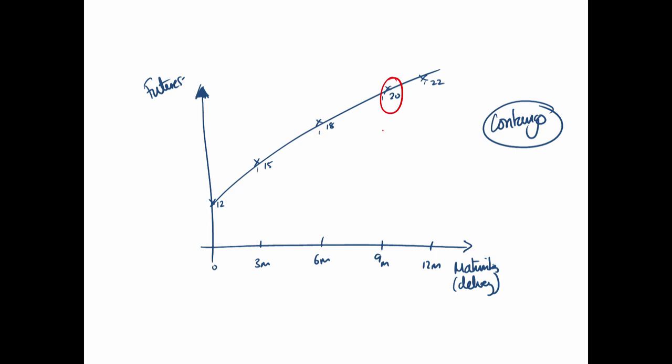Now, if 3 months passed and nothing changed, including this curve, apart from the fact that 3 months passed, when you open your eyes after 3 months, you bought it with 9 months to go, 3 months have gone, so 6 months left, and if the curve hasn't changed, you'll be sitting there. So this is the negative roll yield of buying a futures contract that is in contango and nothing changing apart from the passing of time.